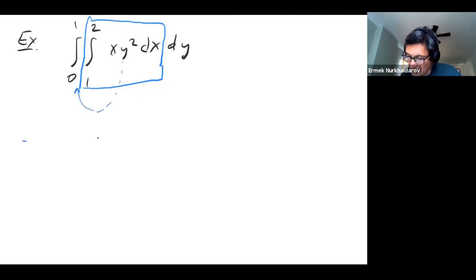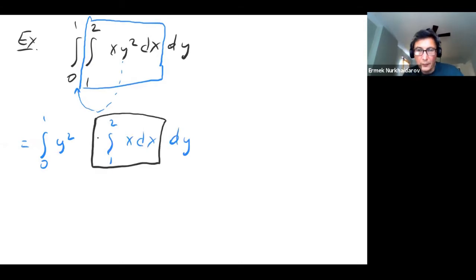So we can rewrite it as the integral from 0 to 1 of y squared times the integral from 1 to 2 of x dx, dy. Now if you look at the integral we have inside, it has no y, it has only x.